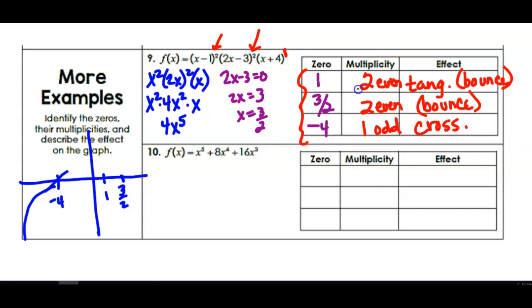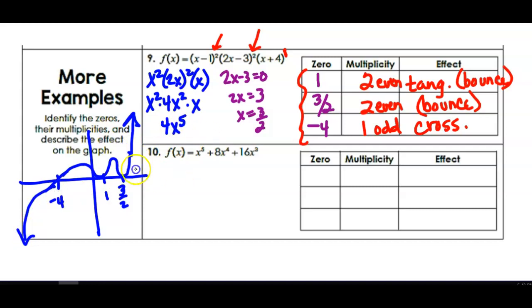At 1, it's supposed to bounce. So it would come back down somewhere at 1 and cross, or bounce, I'm sorry. And then it goes up and it comes back down and it bounces at 3/2. Because that's what it said, bounce at 3/2, and it goes up. Now, is that the right end behavior for a degree 5? Left end down, right end up.